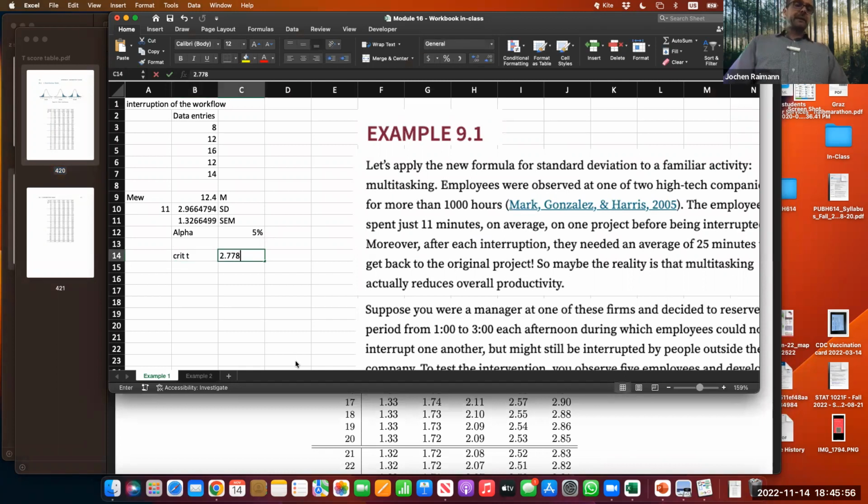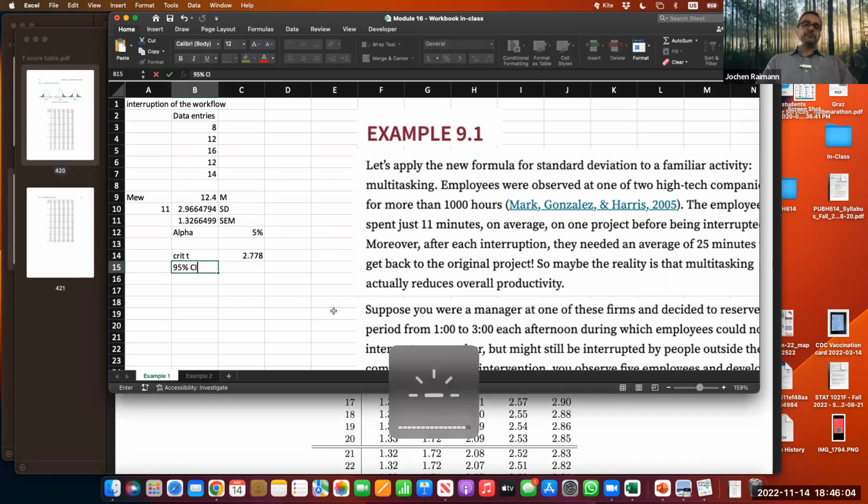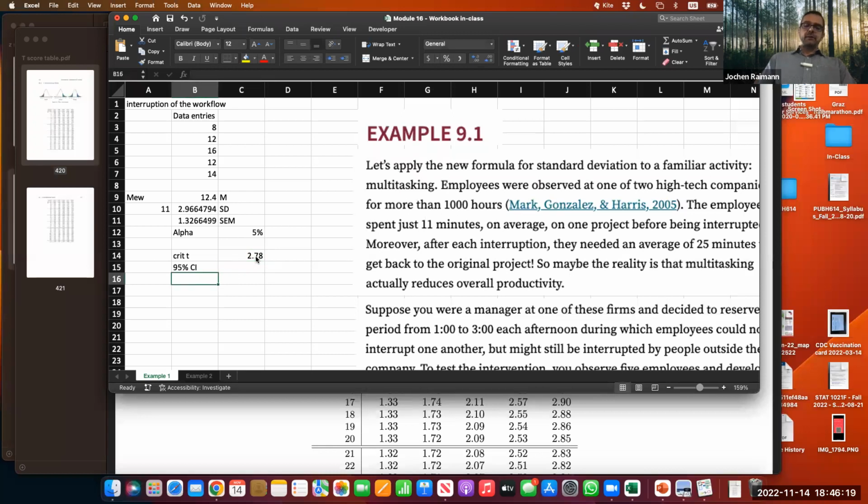Based on that, we can continue now to calculate our 95% confidence interval, which basically would be, so 95% confidence interval again, lower limit, upper limit.